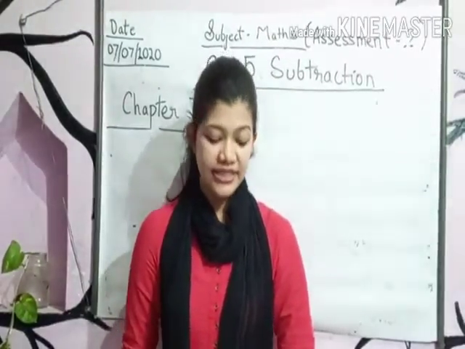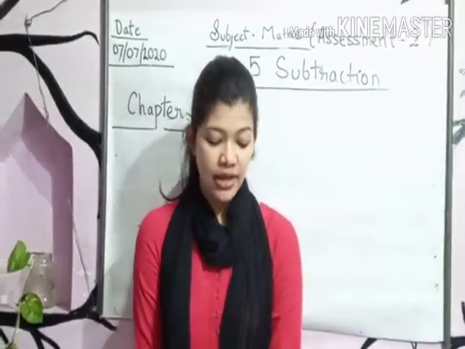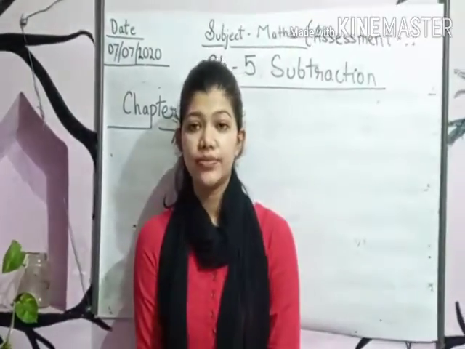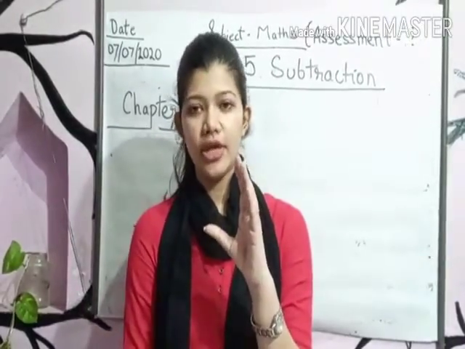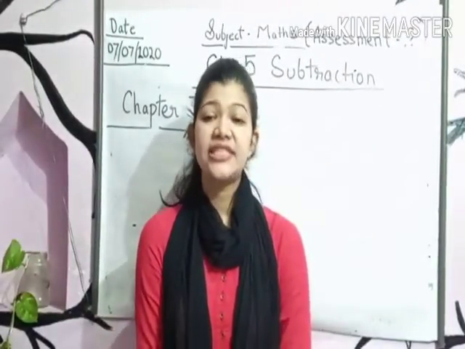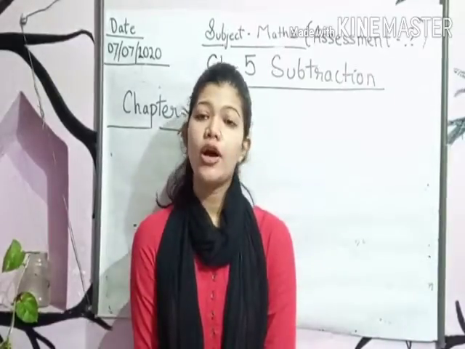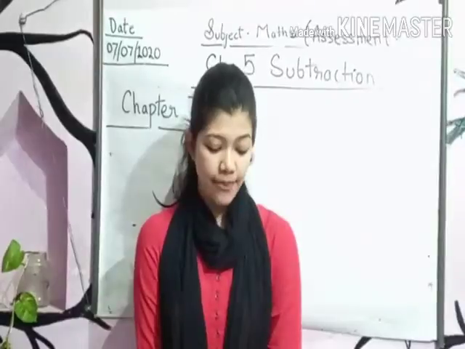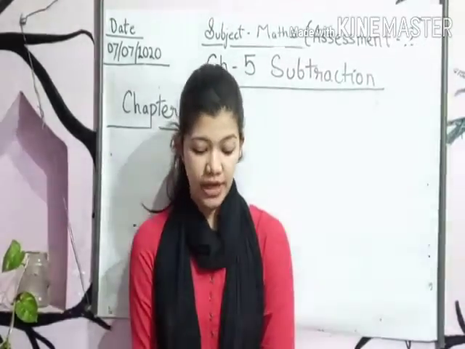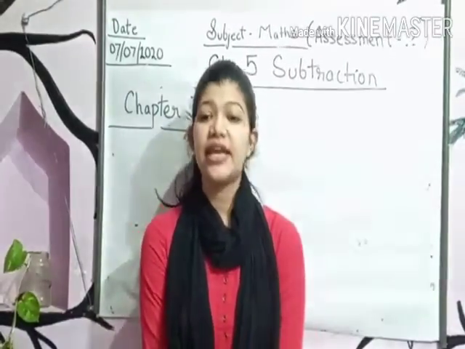Chetna got 700 saplings for her garden. What do you mean by saplings? Sapling means small plant. So Chetna got 700 saplings for her garden. 397 saplings were planted. How many saplings are yet to be planted?